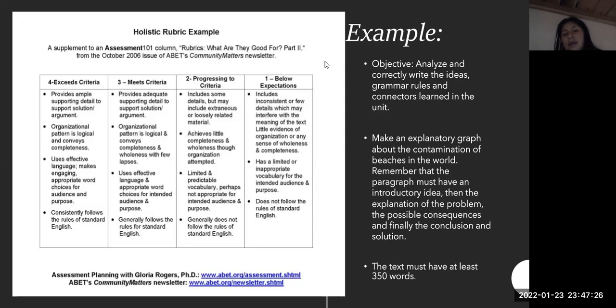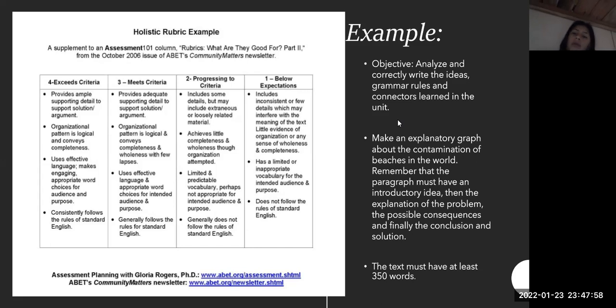Okay, this is a holistic rubric example, and the objective for this example is to analyze and correctly use the ideas, grammar, and connectors learned in the unit. Make an explanatory paragraph about the contamination of beaches in the world.